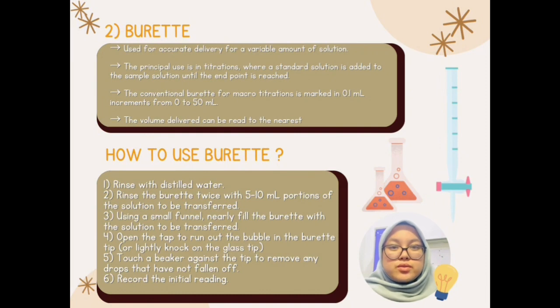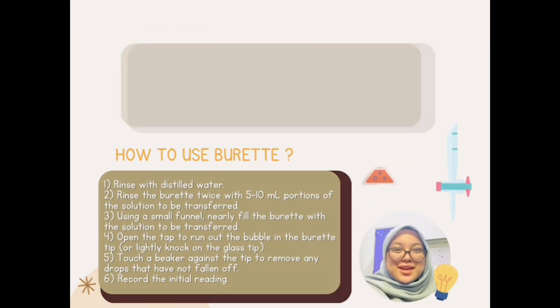This includes rinsing with distilled water, rinsing again with the solution being used, then filling it using a small funnel. It's also important to eliminate bubbles from the tip and remove any hanging drop by touching the tip against a beaker. Finally, recording the initial reading precisely helps track the volume dispensed.